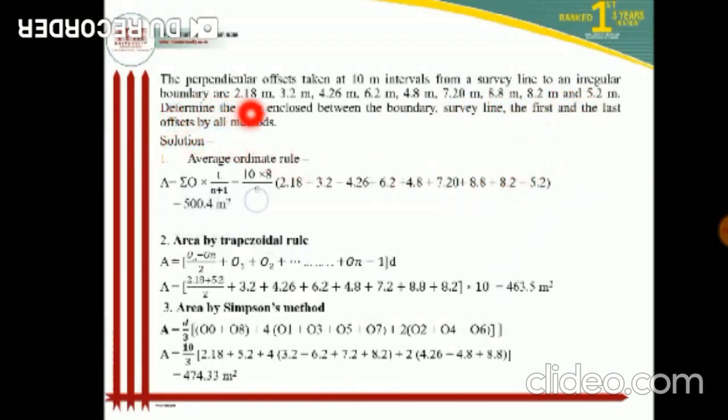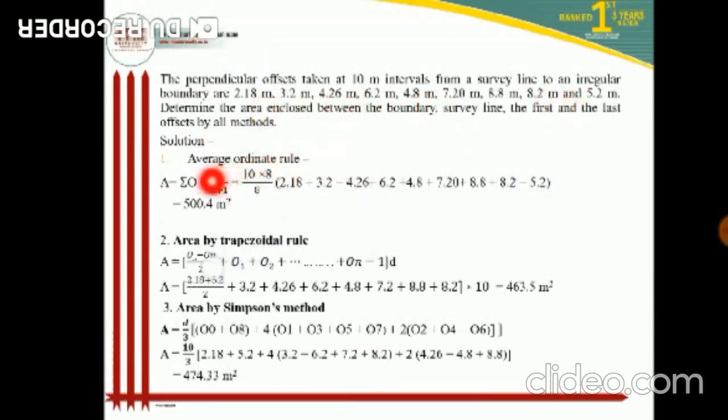Determine the area enclosed between the boundary, survey line, the first and last offsets by all the methods. Okay, so here the offsets are given, then you have to calculate the area.